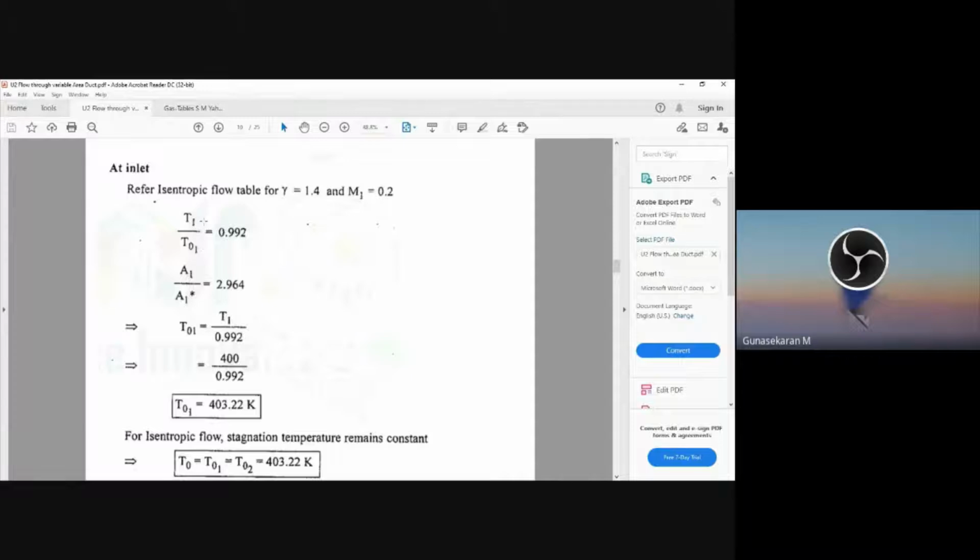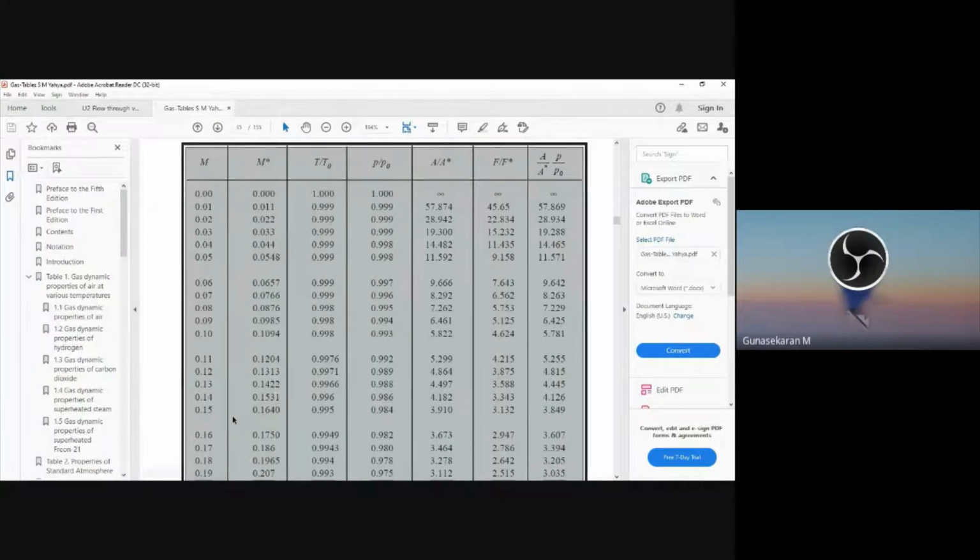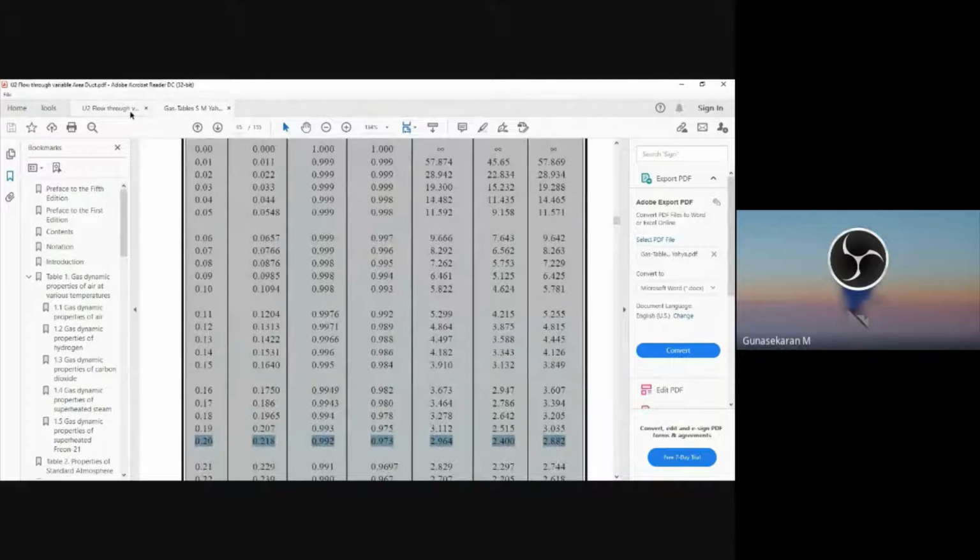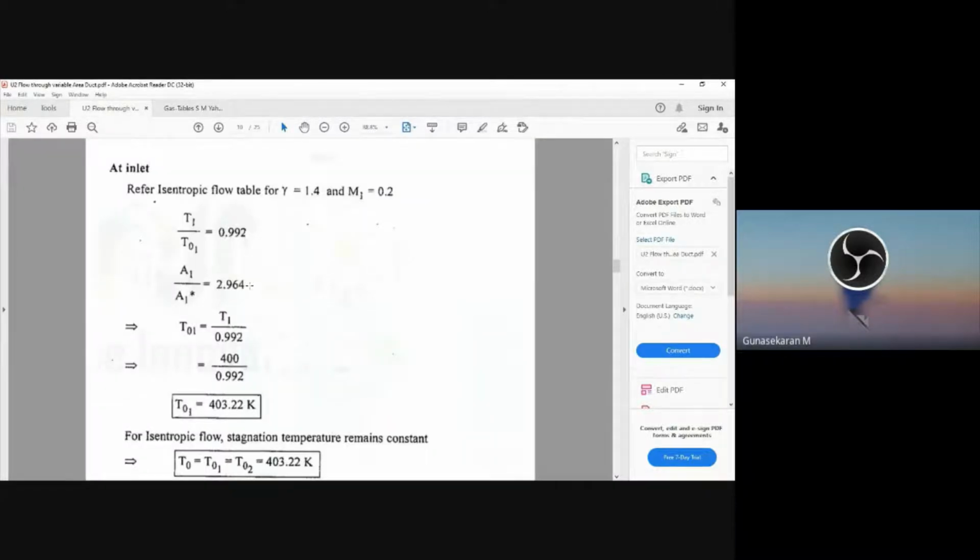Right now we note down two values: T1 by T naught 1 is 0.992 and A1 by A star is 2.964. That is the value that has been taken here also.